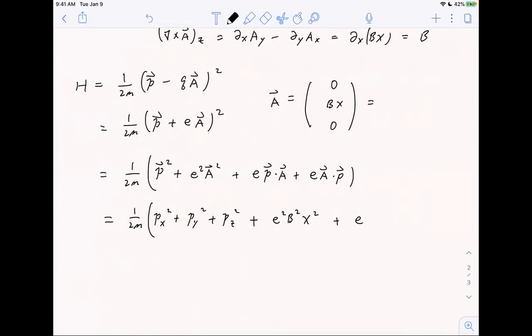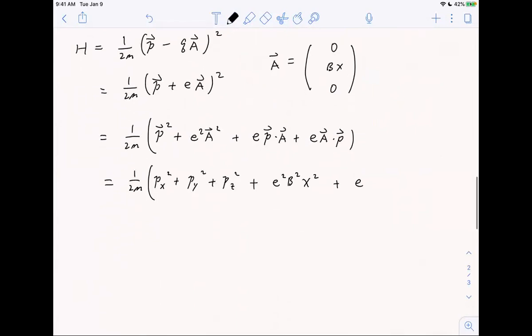You only have the y component here, so this will be the py. The dot product only takes the y component, and then you have the Bx, and then plus e Bx py.